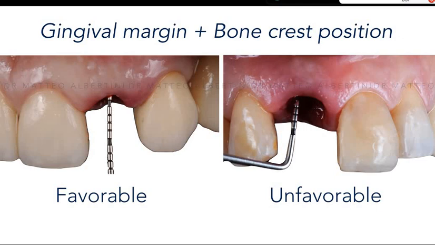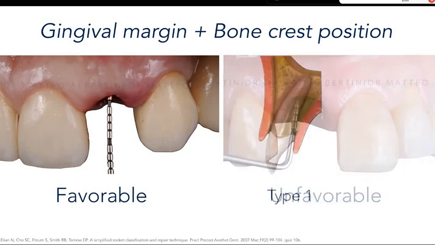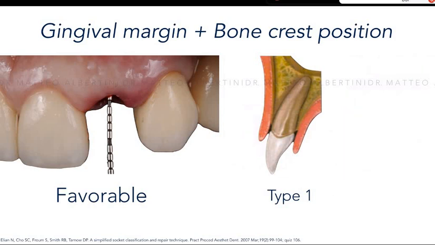The less favorable situation is when we do not have bone, or even we have gingival recession. So gingival recession implies bone loss as well, bone dehiscence. So in the favorable cases, we are mainly in the type 1 according to the Elian classification.